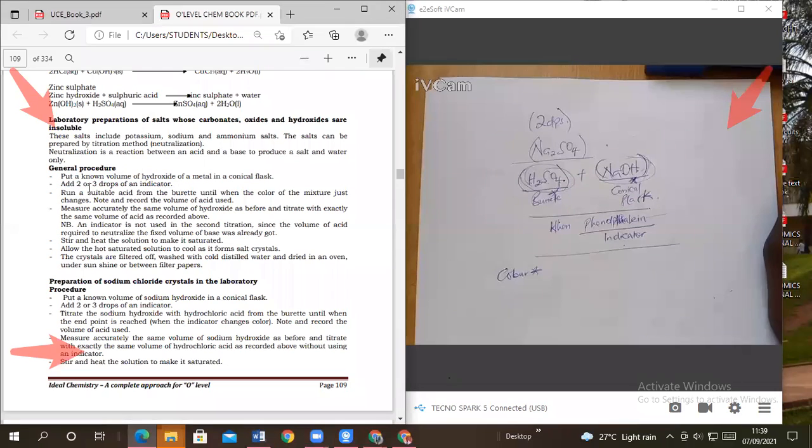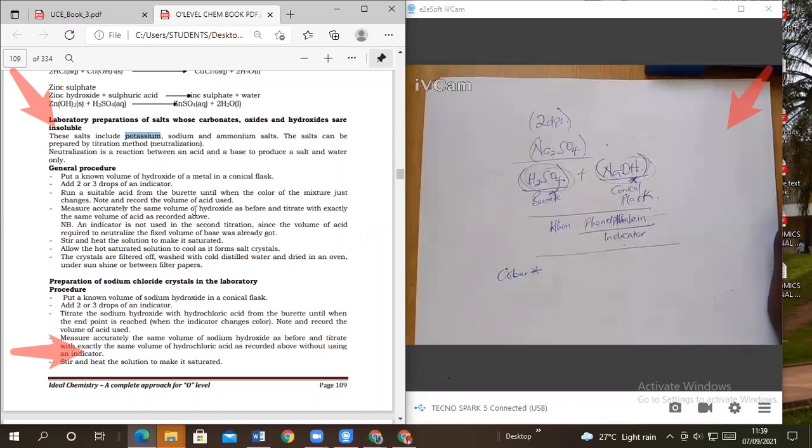Because we have seen the video of how to titrate, we have known how to make the solution. Now, if you want to prepare any salt of potassium, sodium, and ammonia, this is the correct procedure to be used. Place a known volume, just titrate with the indicator. This gives us the volume of the acid used. Now, if you know the acid used, we don't need an indicator in our final salt.